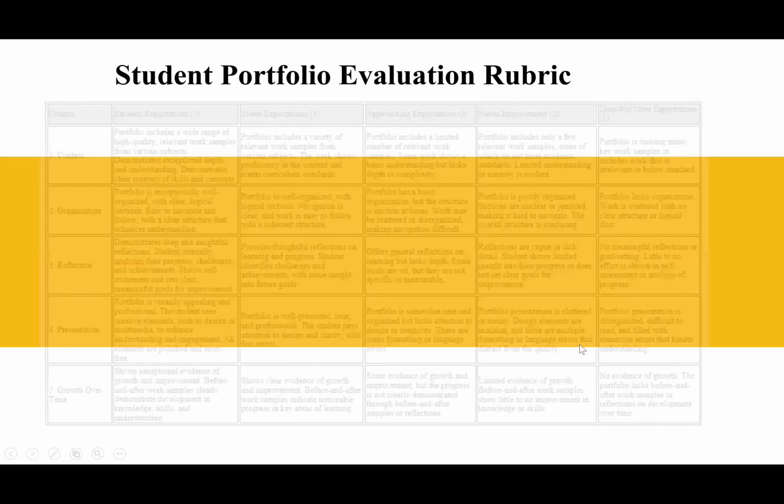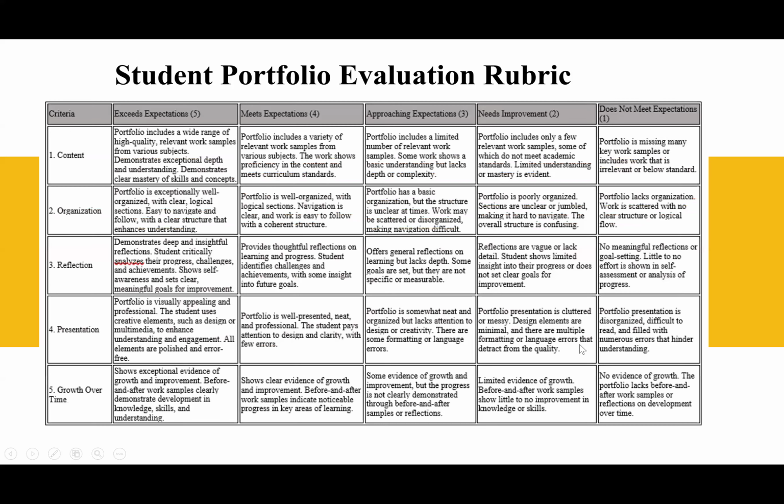This criteria constitutes of content, organization, reflection, presentation, and growth over time. We can have a more simplified language for the student portfolio evaluation rubrics, specifically when we are talking about the rubrics for KG students and elementary.